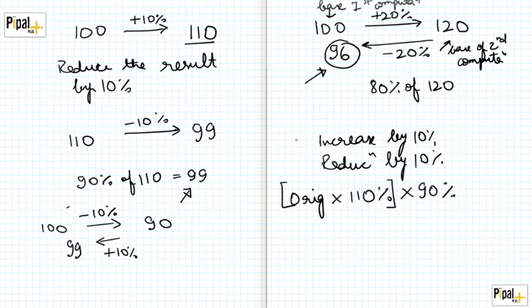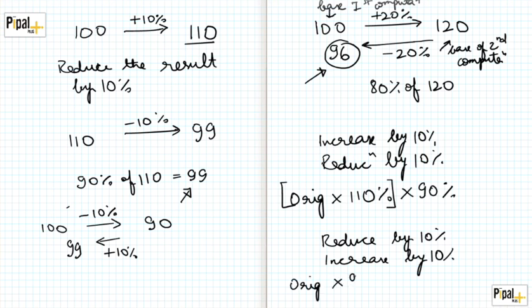However, if I change the sequence, if I reduce by 10% and the result I increase by 10%, my original amount gets 90% of the original because I've reduced it by 10%, and multiplied by 110% because of the increase by 10%.